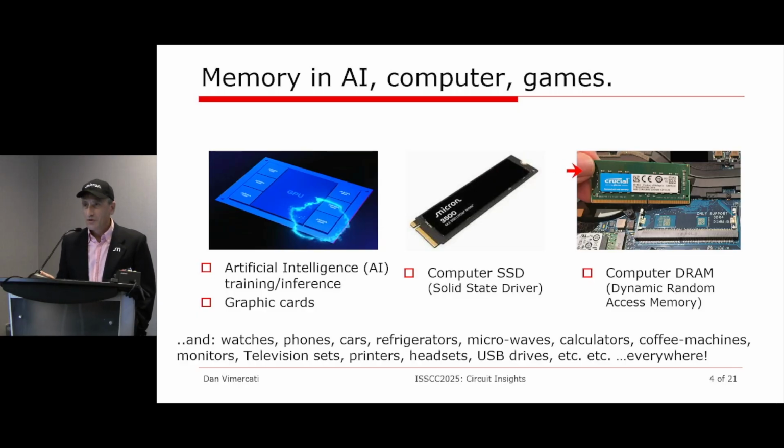And Micron also produces DRAM devices and DIMMs, which are used again as random access memories for your laptop and PC. But memories are everywhere. They are literally everywhere. You have them in watches, phones, cars, refrigerators, anything that has some sort of digital functionality probably has a memory inside.